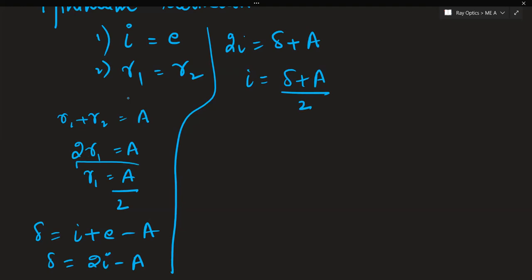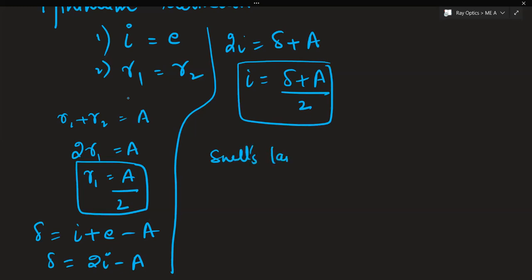Value of R, value of angle of incidence. Now apply Snell's law. I have told you Snell's law's application will be till the end of this lesson. So Snell's law, if you apply, Snell's law is what? Sine I by sine R is equal to refractive index.